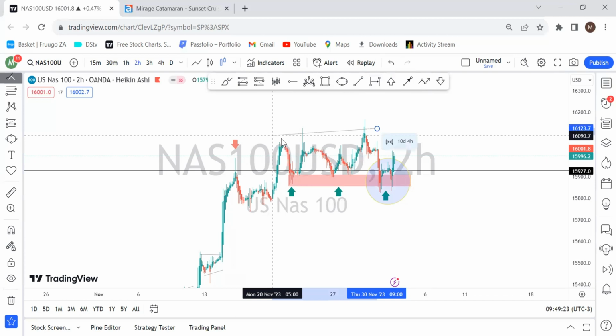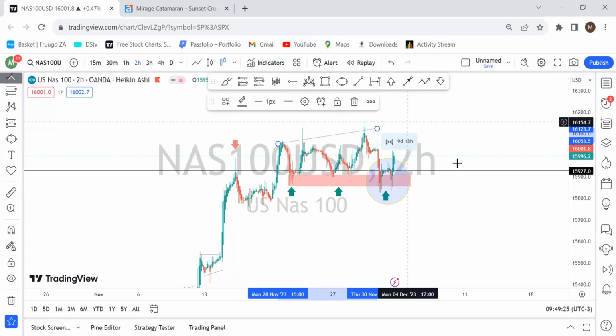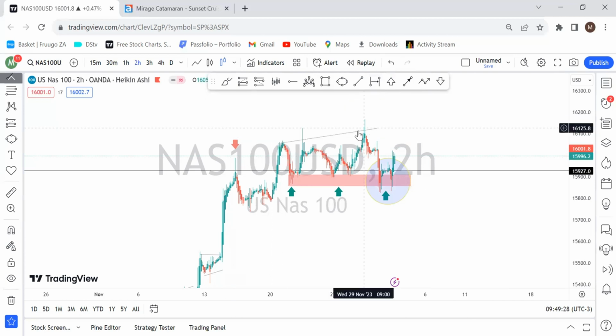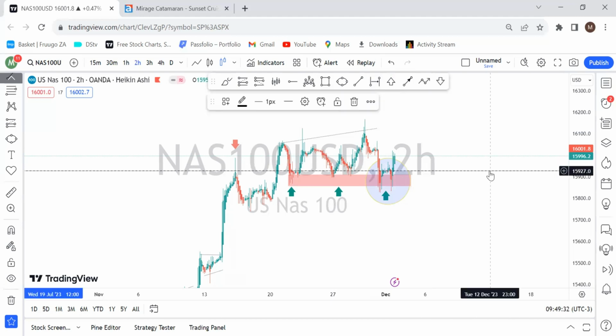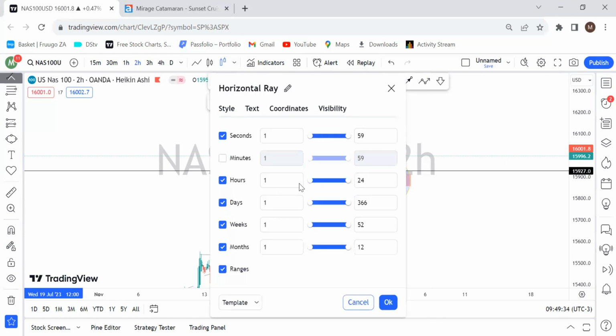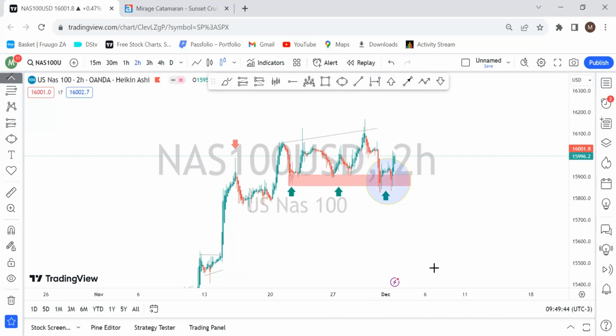And we could also draw out the resistance. And we can actually hide, okay, let me just make it visible from 4 hours so it must not get in our way.